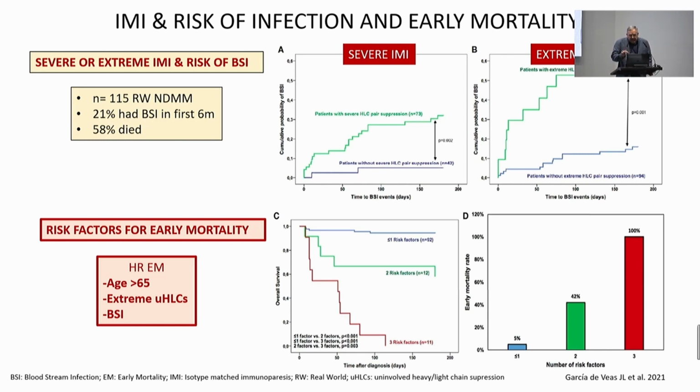So the risk factors for early mortality were age higher than 65, the extreme uninvolved suppression, and the bloodstream infection. We can see that patients with the 3 factors at the same time had a very dismal prognosis.